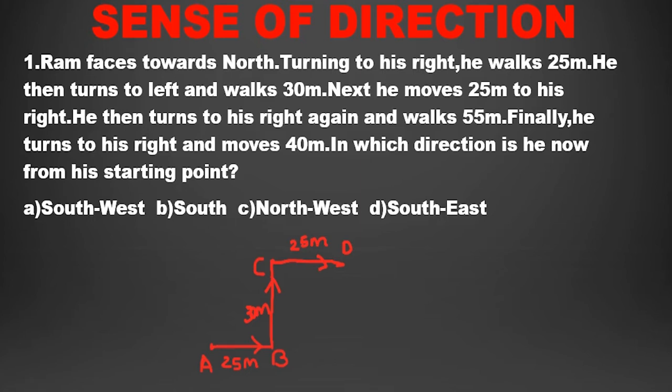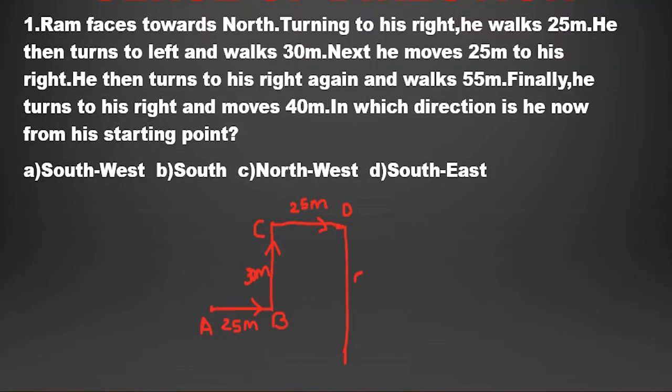From D, he walks southwards up to 55 meters. Let this point be E. Finally, he turns to his right and moves 40 meters. From the point E, he moves to the right.